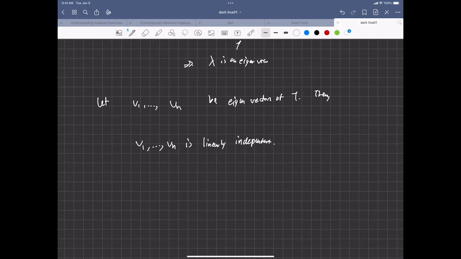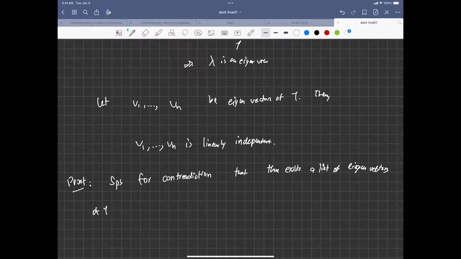So let's prove this. Suppose for contradiction that there exists a list of eigenvectors of T that is not linearly independent.